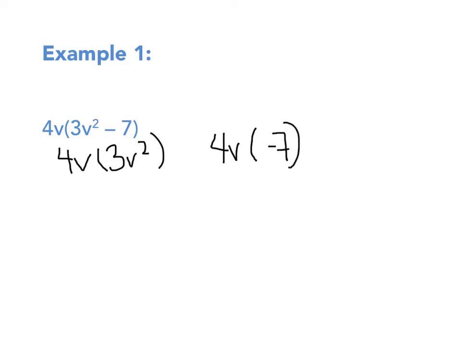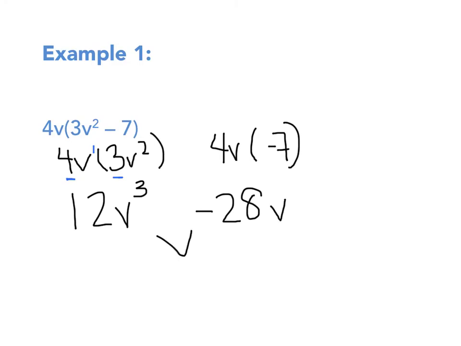Now we know that our rules of exponents tell me that I have to add, I have a Ninja one, I have to add my exponents when they have the same bases, and then I also have to multiply my coefficients. So that gives me 12v, my exponents 1 and 2, 12v to the third. Moving over here, I just have 4v times negative 7, so that is negative 28v. So my final answer when I combine these is going to be 12v to the third minus 28v.